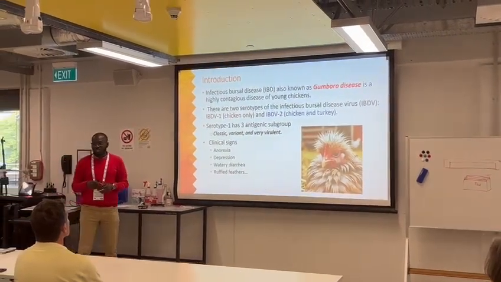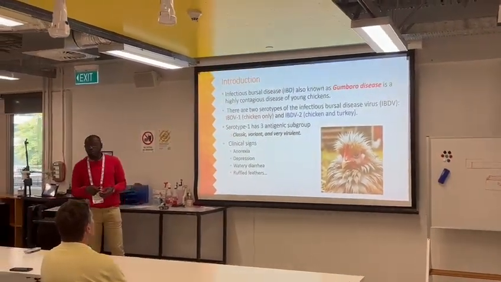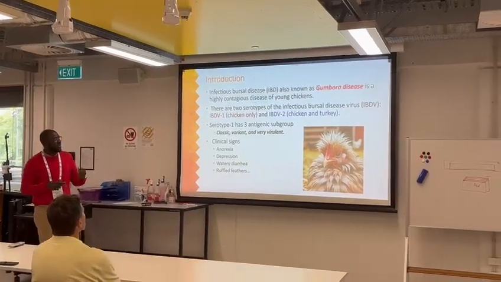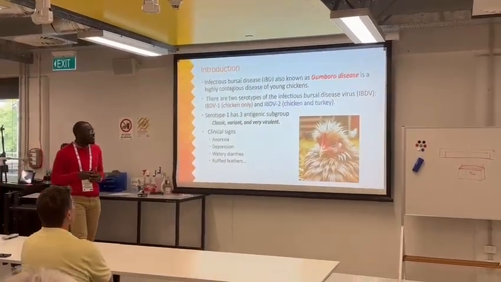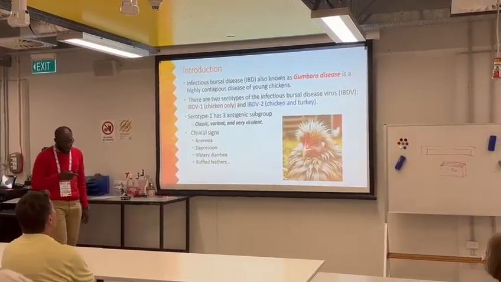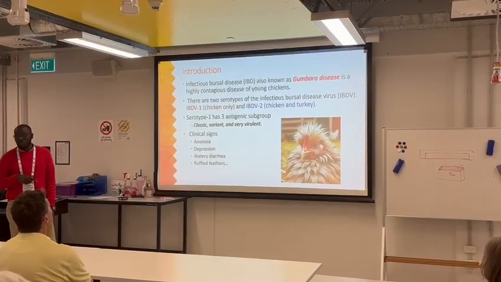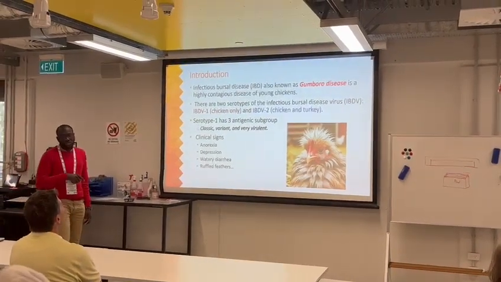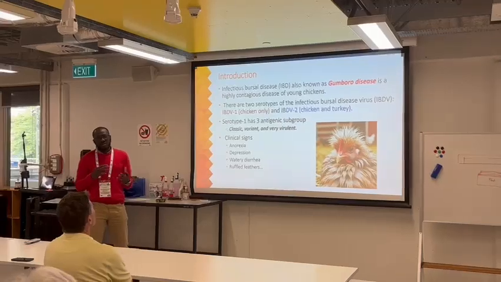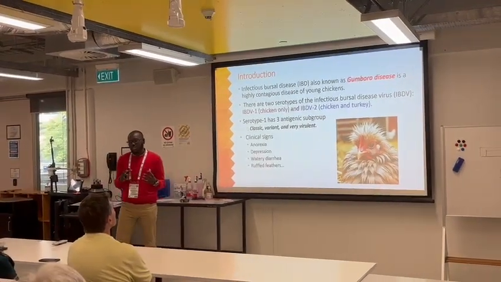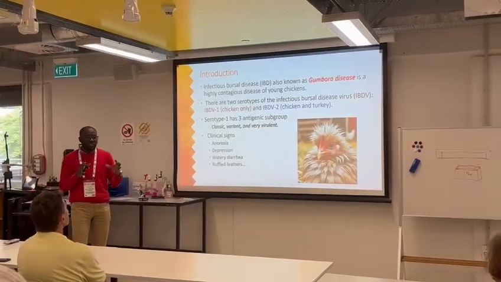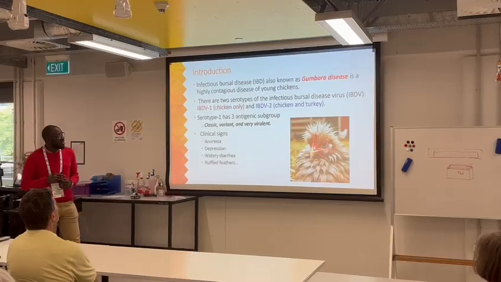Infectious bursal disease, which is also known as Gumboro disease, was first discovered in the US in the 1960s in a town called Gumboro. That's why it is called Gumboro disease. The disease is highly contagious in chicks within 3 weeks of age.